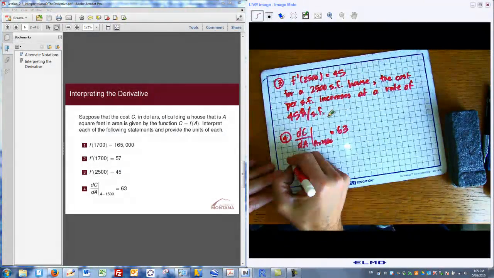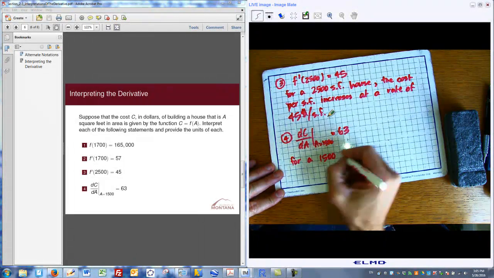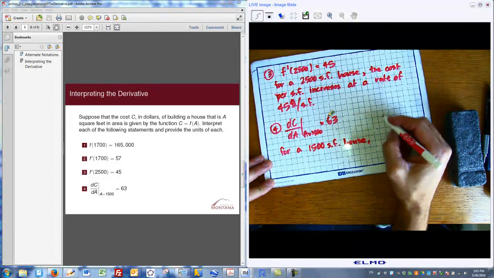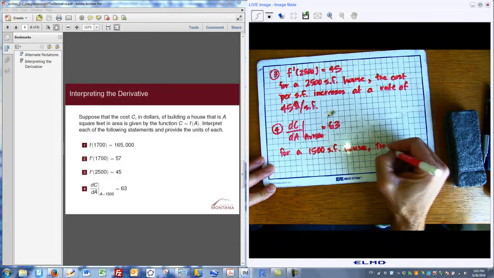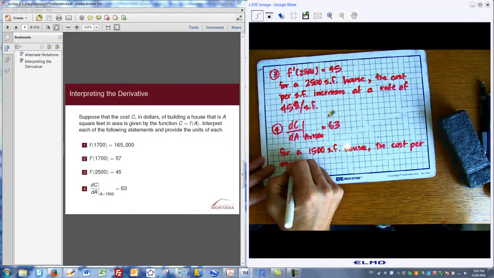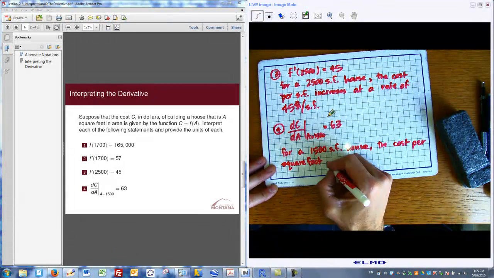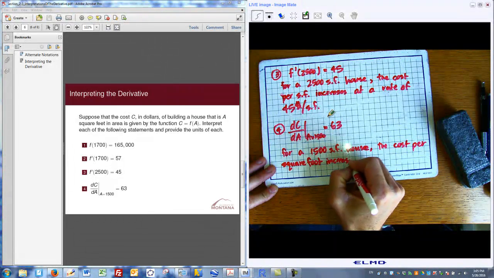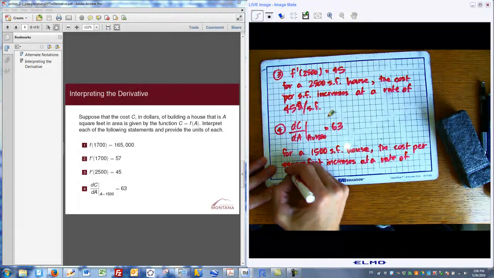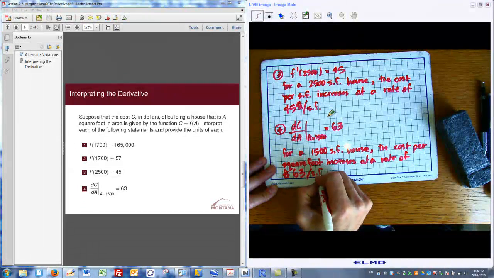So again, for a 1,500 square foot house, the cost per square foot increases at a rate of $63 per square foot.